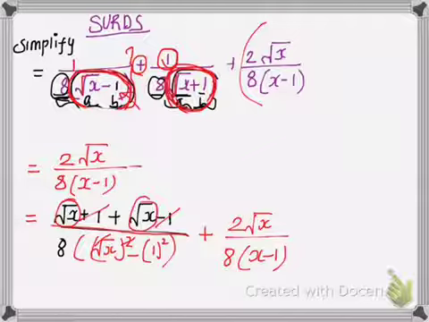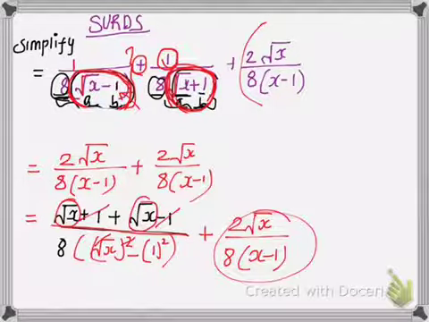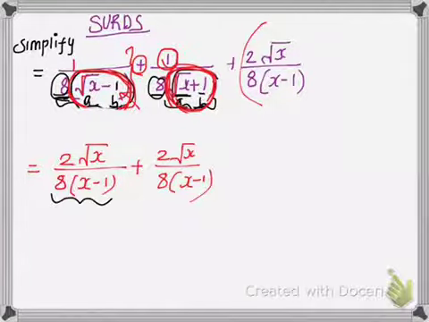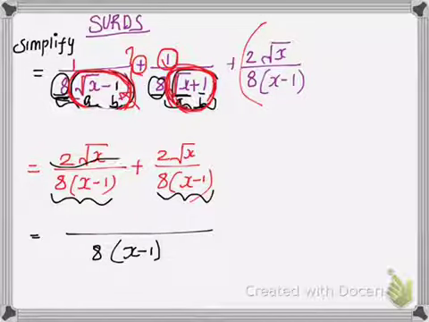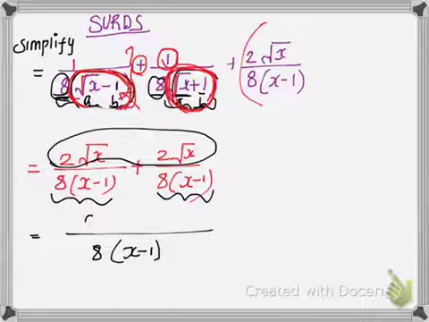So this is our first expression, and the second expression I'm going to write as it is, which is this term. Since we've got the same denominator in both expressions, we can simply write the repeated denominator only once, and we can simply combine these.